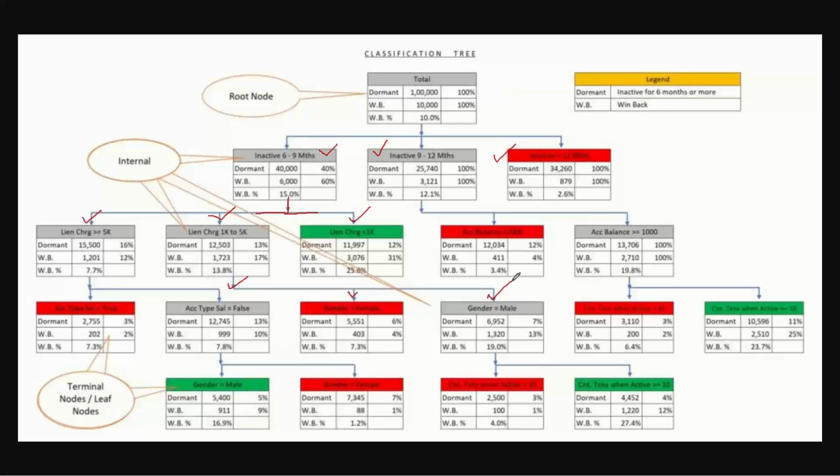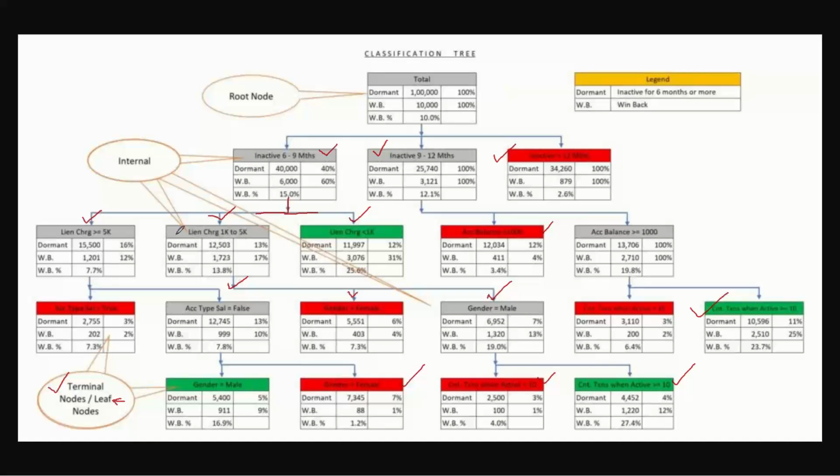So this process goes on iteratively, recursively, till a point is reached where certain nodes are not broken down further, where the algorithm feels there is no point in splitting those nodes further. The nodes which are terminal, which are not further split, are called terminal nodes or leaf nodes.